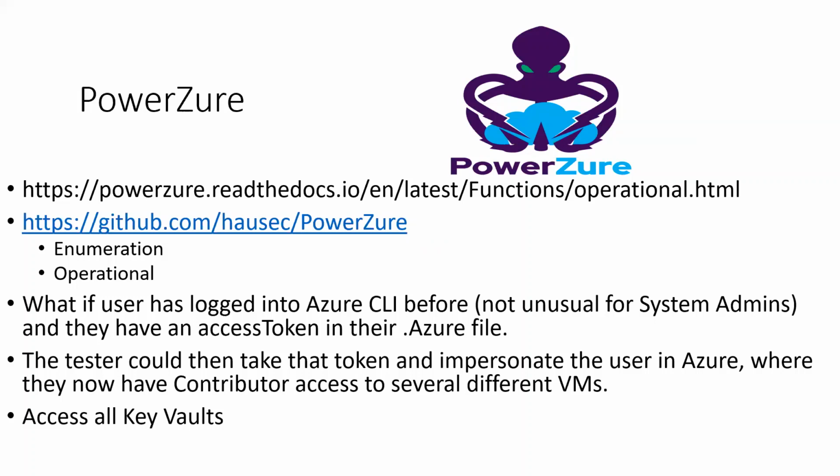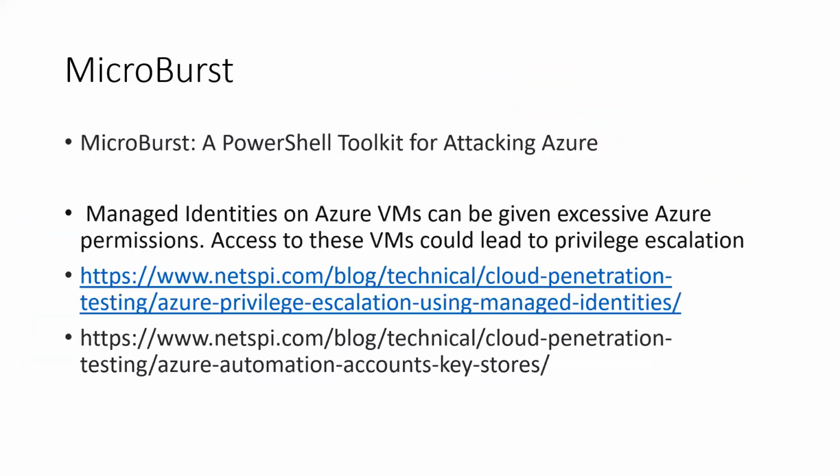It also has built-in functionality to strip out credentials from key vaults, with very specific commands just for that. So that's some of the tooling out there for hackers, and also for people to audit their environments.